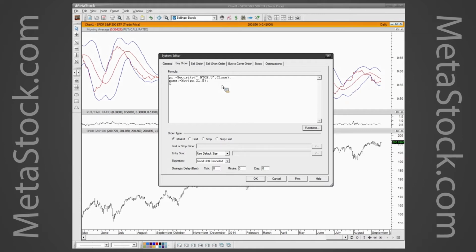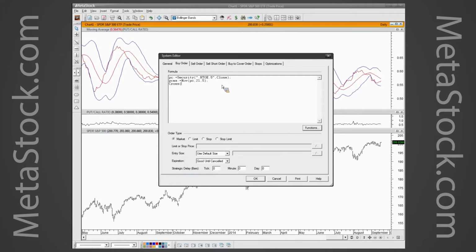To do that, we're going to use the cross function. The cross function checks for one data array crossing above another. The syntax is the word cross, followed by an open parenthesis.